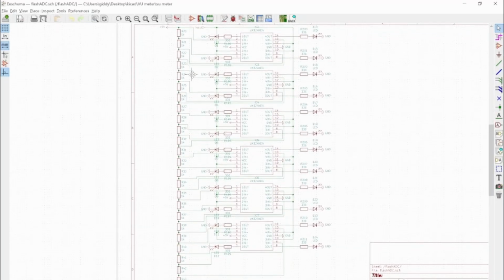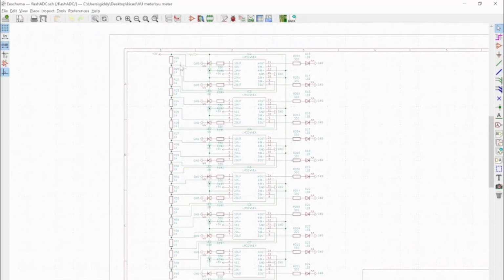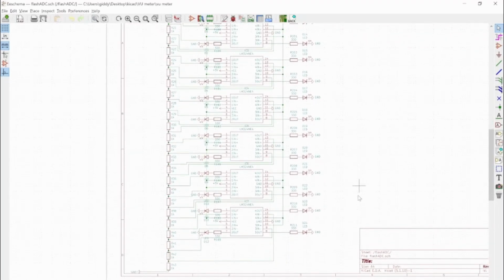But now we've got 20 something resistors, and in between each resistor is maybe half a volt difference. So you can then use that to compare that series of voltages with the incoming voltages, and then we can say if the incoming voltage is higher than the voltage here, we're going to turn on the bottom LED, and then if it's higher than this voltage here, we'll turn on the next LED as well as the bottom one, and that will work all the way up.